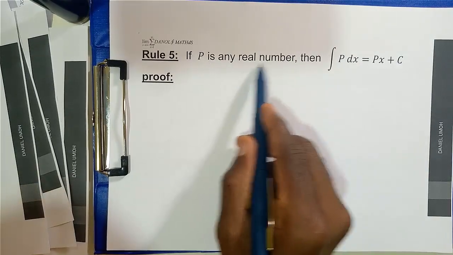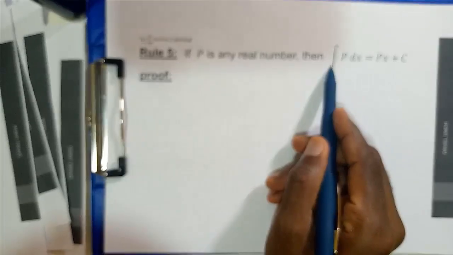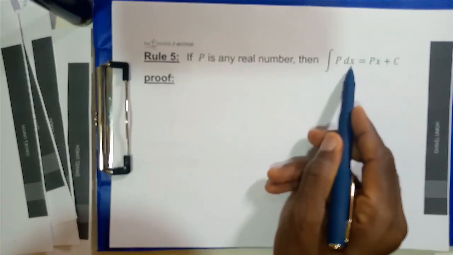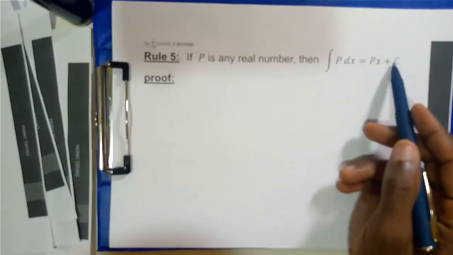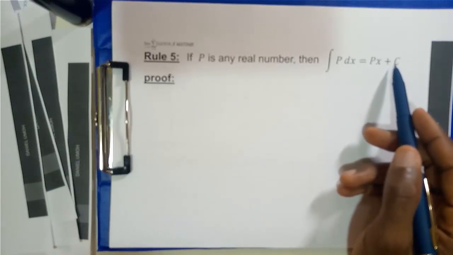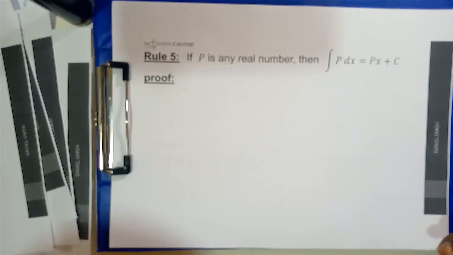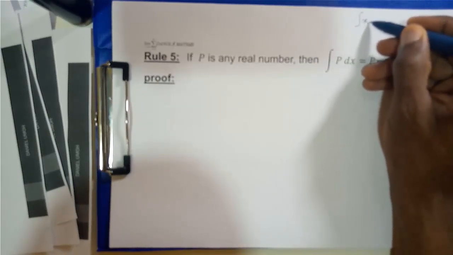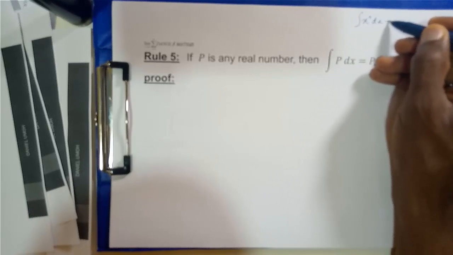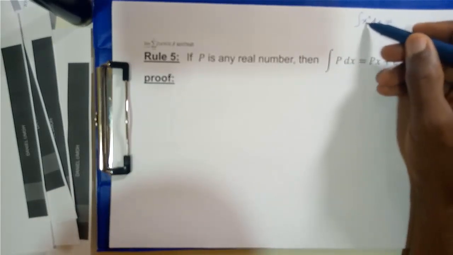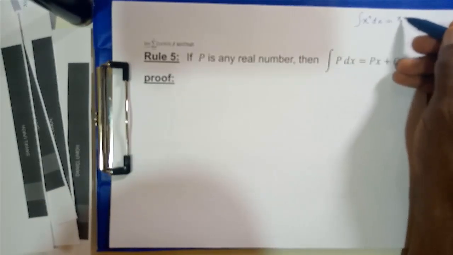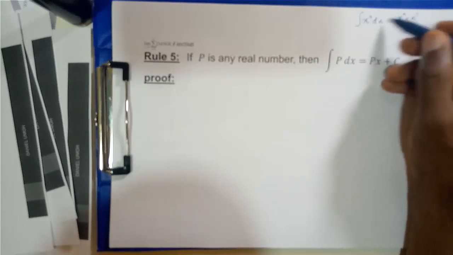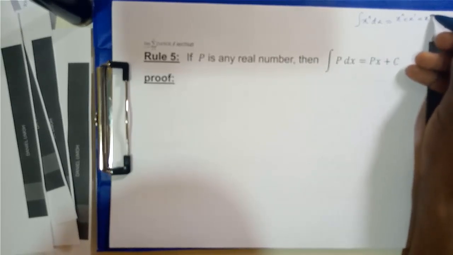If p is any real number, then the integral of p dx is equal to px plus c. Please take note of this concept very well. I made a statement earlier that if I have integral x^n dx, what I simply do is multiply x^n times x, so that is x^n times x to the power 1, and that will give me x^(n+1).